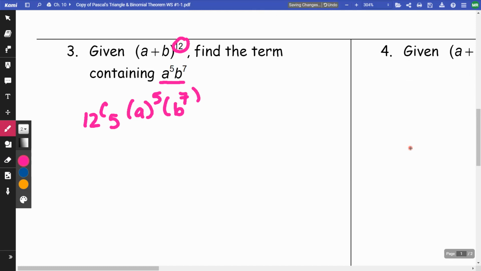I'm going to put 12 choose 5 in my calculator, and I get 792, a to the 5th, b to the 7th, and that's your answer.